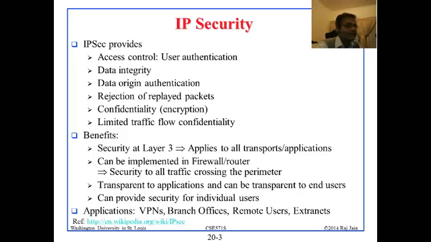So things like that, we want to keep confidential, and that is called traffic flow confidentiality. Not just the content, but the fact that something was exchanged between 2 addresses should be confidential.